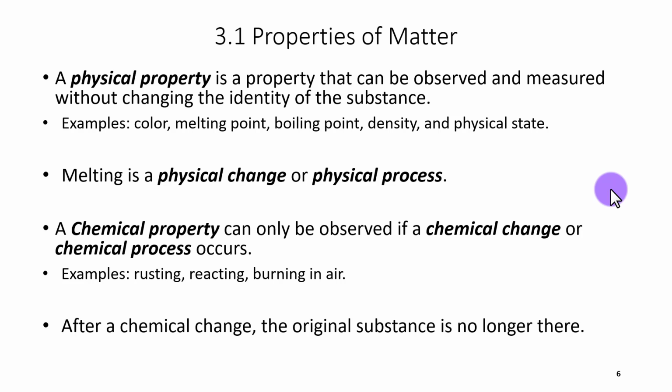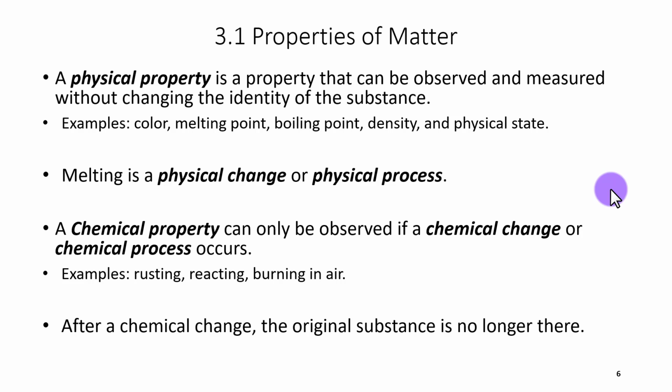Some examples include color, or melting point, or boiling point, or density, physical state, etc. Color of copper, for example, that's a physical property. I can observe it without doing anything to the copper, without changing it or combining it with something else to give me a different compound.